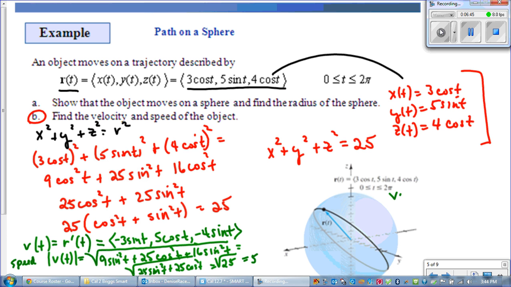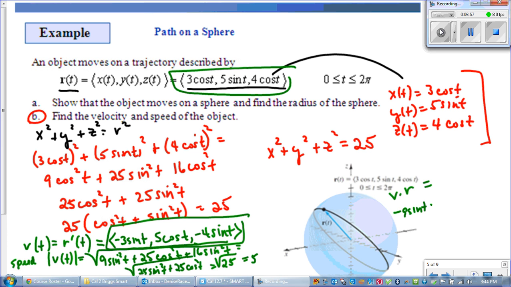So v dot r, the dot product, here's r and here's v, will be -9 sine times cosine plus 25 sine times cosine plus minus 16 sine times cosine, which gives me just 0. So that does mean that the dot product of the velocity and the position functions is 0, so the velocity and the position are always orthogonal.